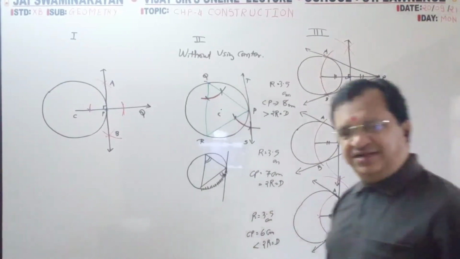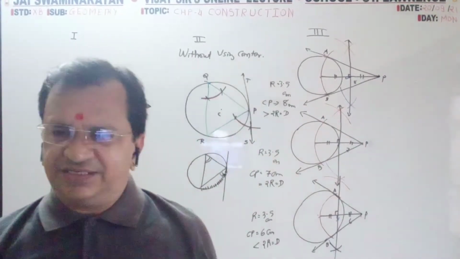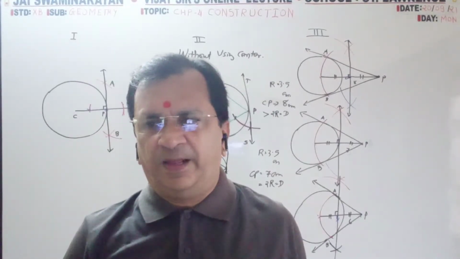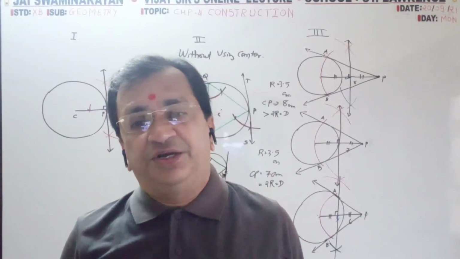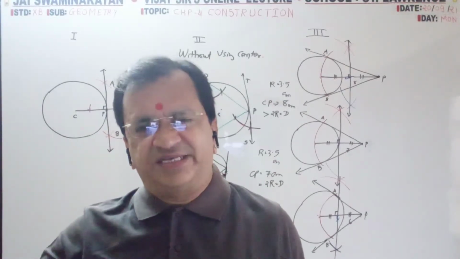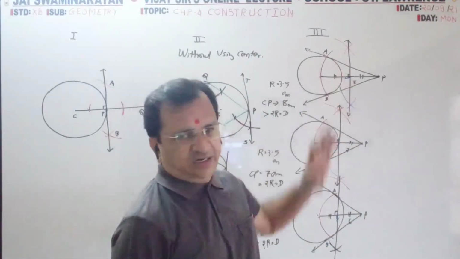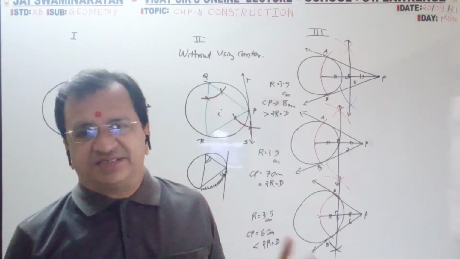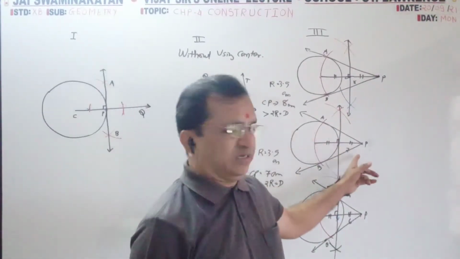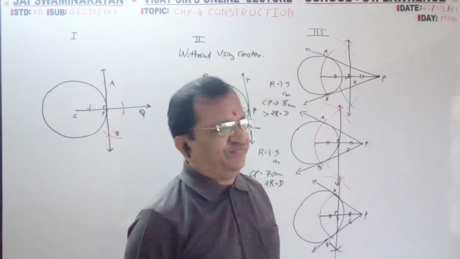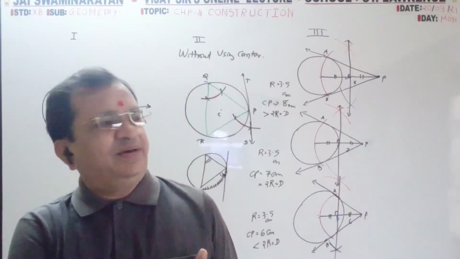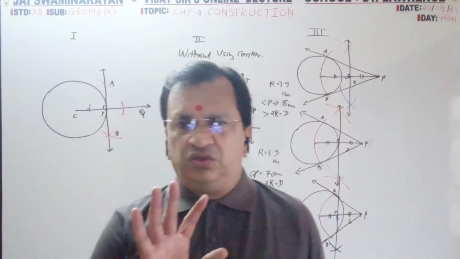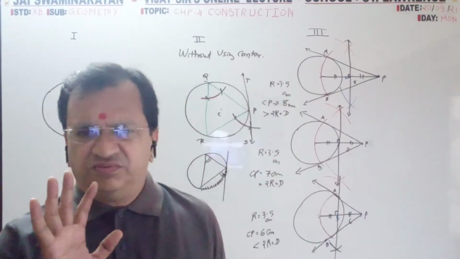But in that there are 3 different cases. If the radius is 3, distance more than double, more than 6, it is 7, 8, 9, 10, this pattern. If the radius is 3 and the distance is 6, this pattern only, double. If the radius is 3, double is 6, less than 6, you will get this pattern. So this is very easy.